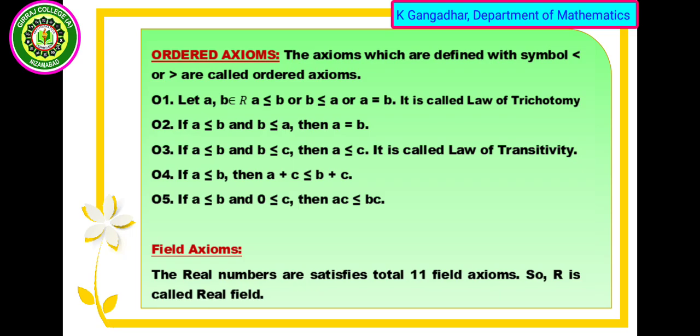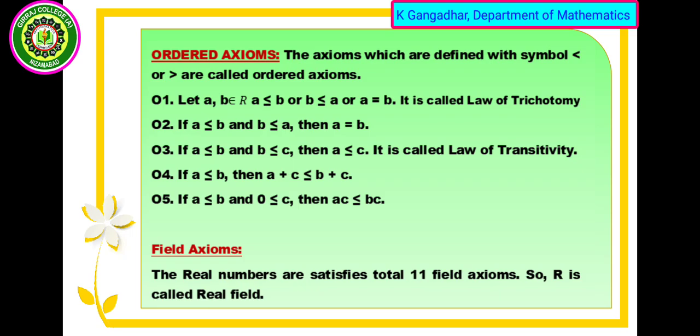What is the relation between these two? Either a less than b, or b less than a, or a equal to b. So three types. This property is called the law of trichotomy.